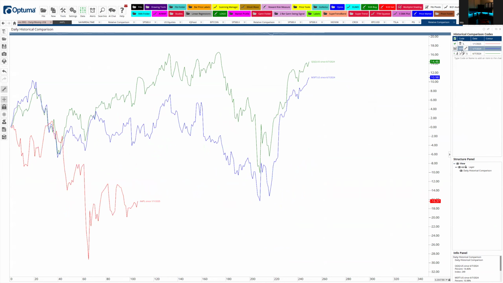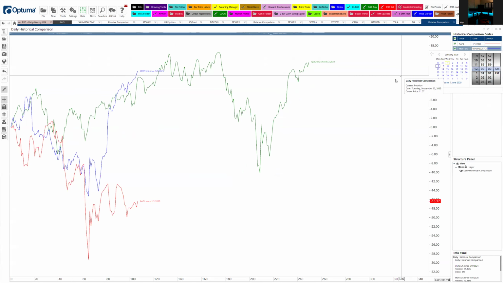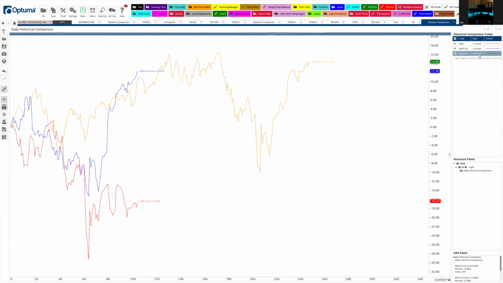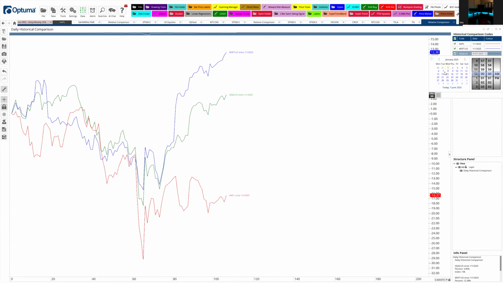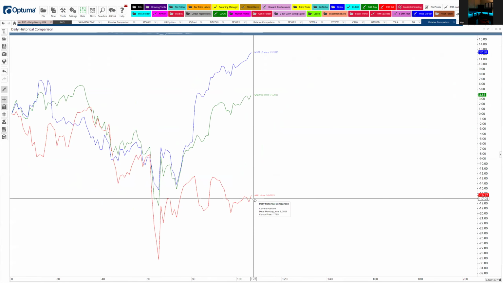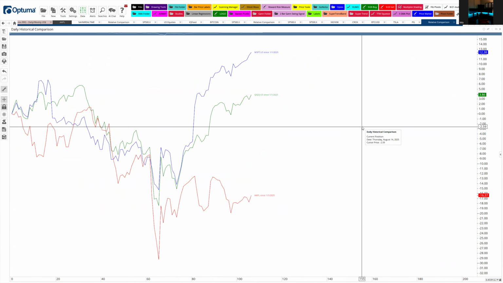Then we can do January 1st on this one. We can do January 1st on this one. See? Look where Apple is compared to Q's and Microsoft.